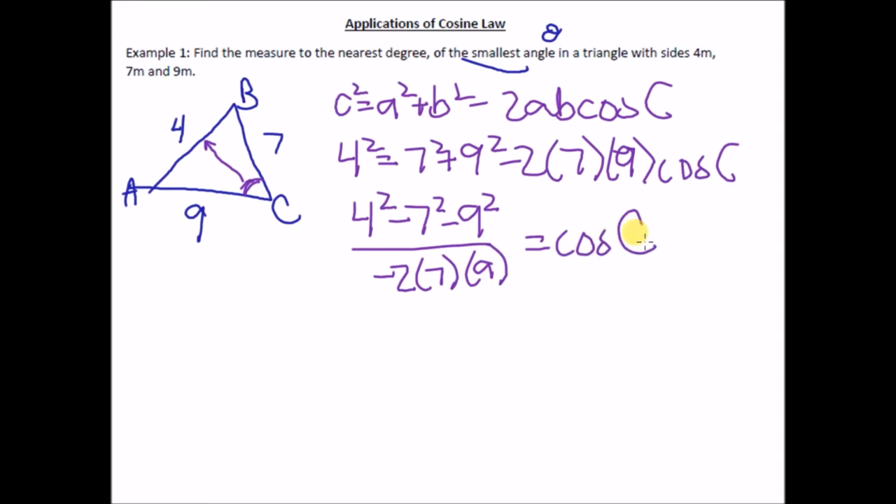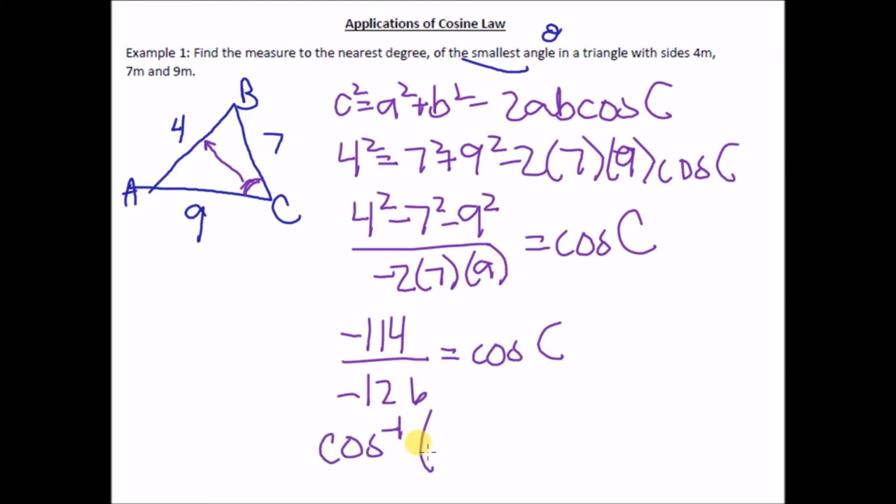So when we expand that, 4 squared minus 7 squared minus 9 squared is going to be, in the numerator, negative 114. In the denominator, 2 times 7 times 9, I get negative 126. Okay, so we want to cos inverse this.